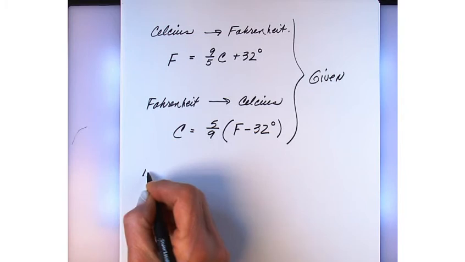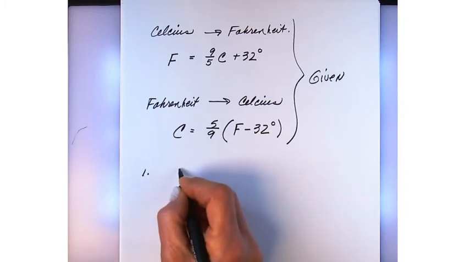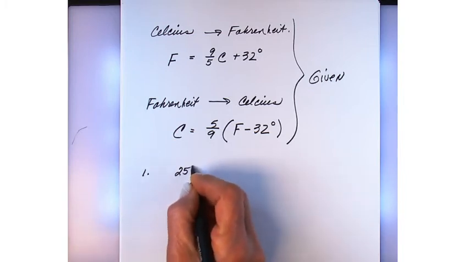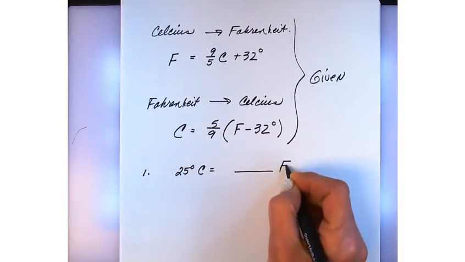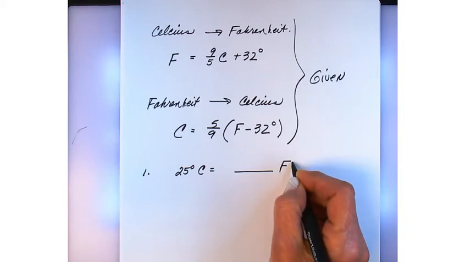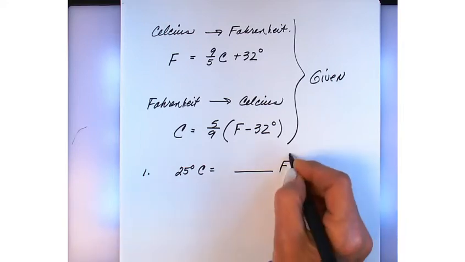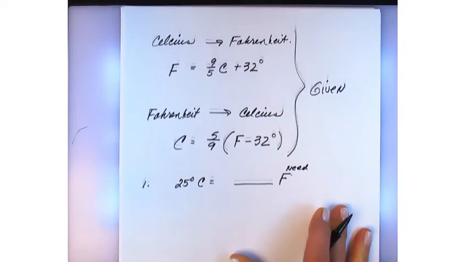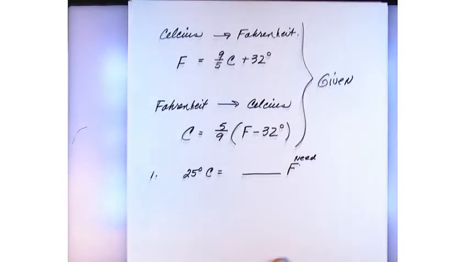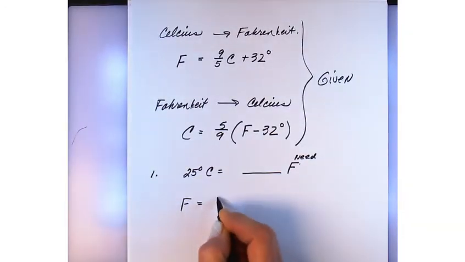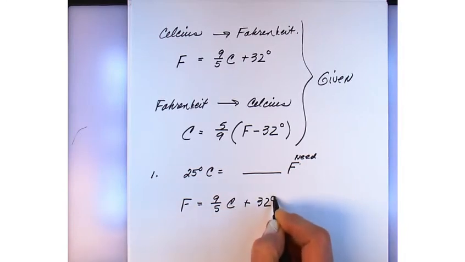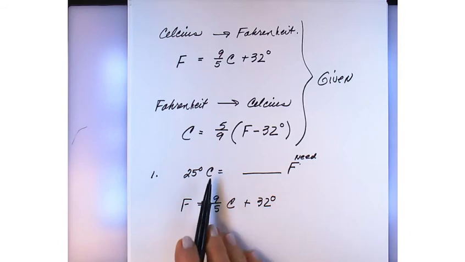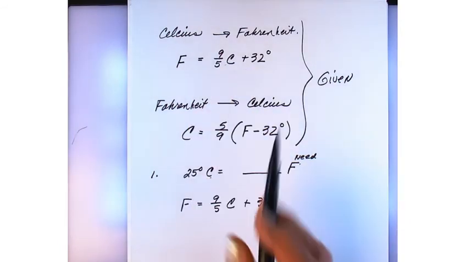Number one, we want to go 25 degrees Celsius equals what temperature in Fahrenheit? Okay, so we need Fahrenheit, which will be this first equation. Fahrenheit equals 9/5 Celsius plus 32. I know the C, so I had to choose this formula.